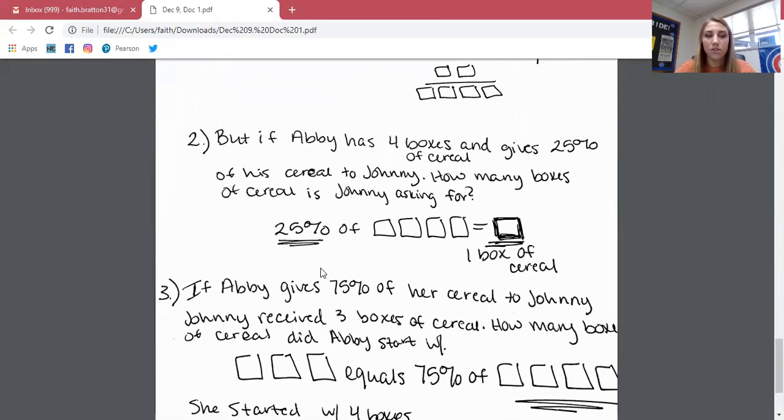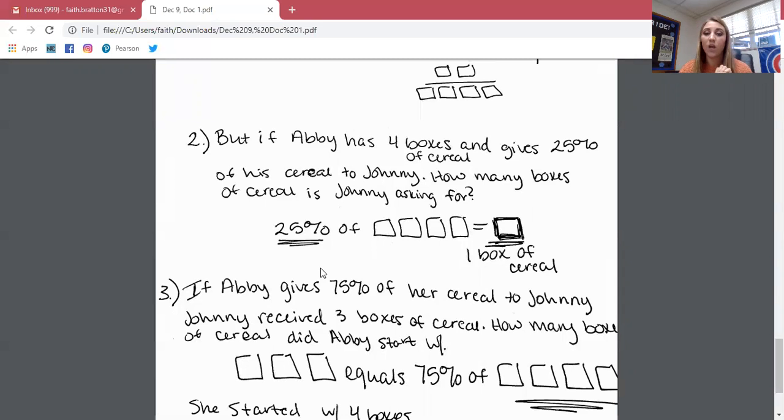But what if Abby has 4 boxes and gives Johnny 25% of the cereal? How many boxes of cereal is Johnny getting? She has 4 boxes. Just think of it like a quarter and a dollar bill. 4 quarters make up $1. 1 is 25, 2 is 50, 3 is 75, 4 is $1.